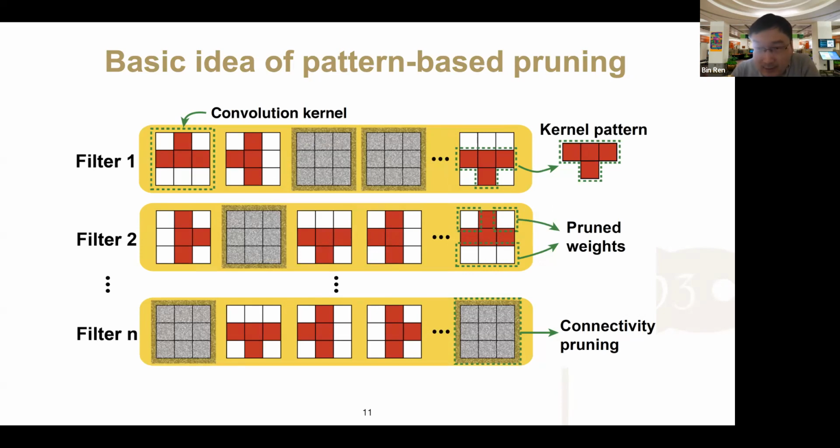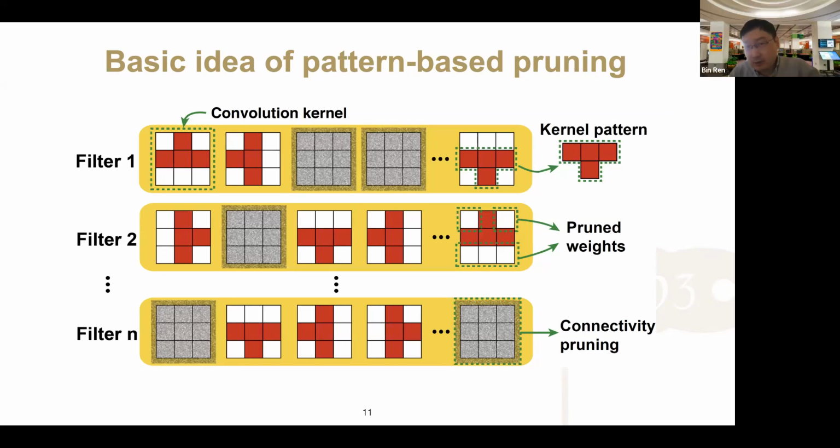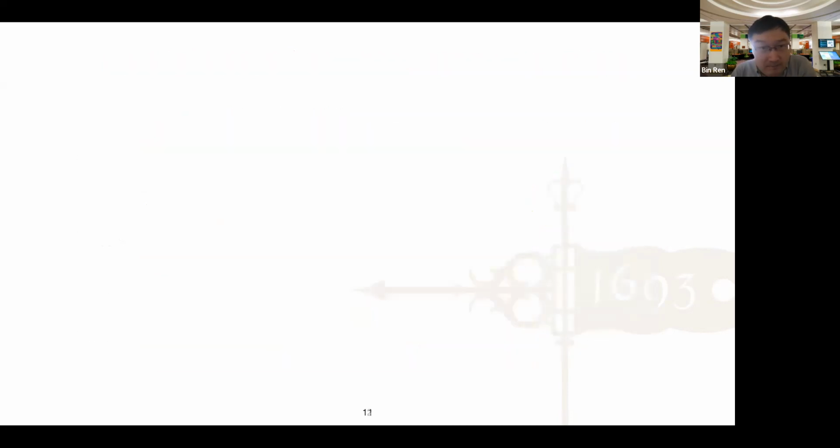And the second sub-approach is to prune the entire kernel, which is equivalent to cutting the connectivity between certain input and output channels. So we call it connectivity pruning. So this approach has these two levels of pruning: one is kernel pattern pruning, and another one is connectivity pruning.